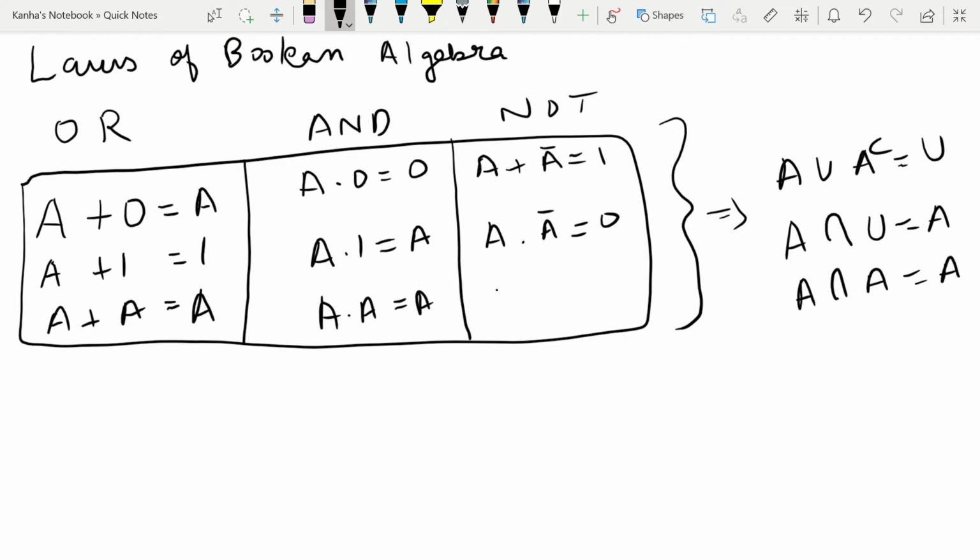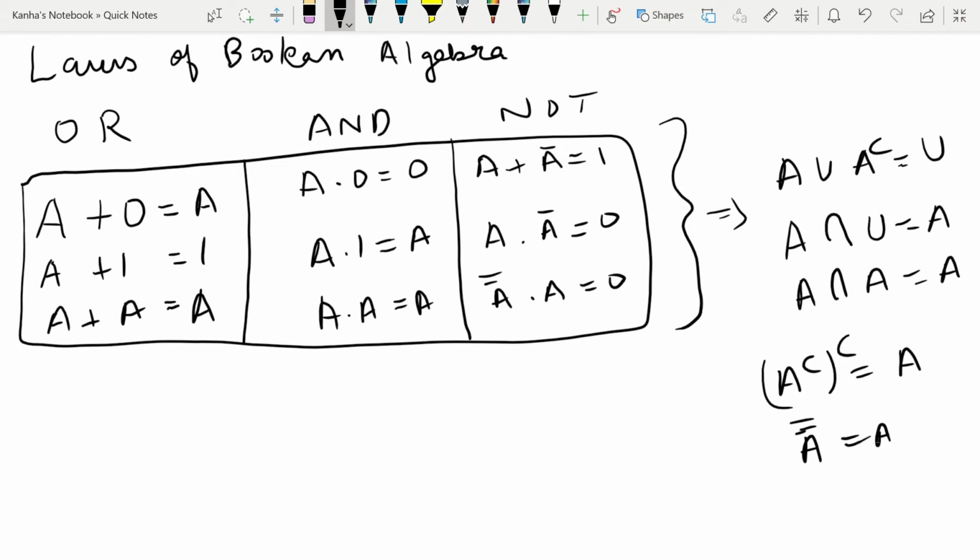And A bar bar is equal to A, just like in set theory the complement of a complement is equal to the set itself.